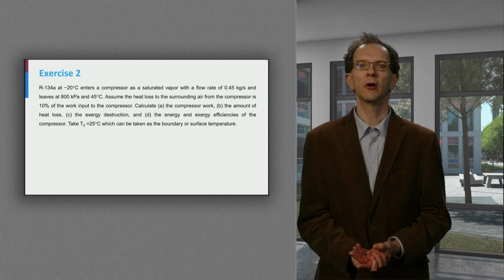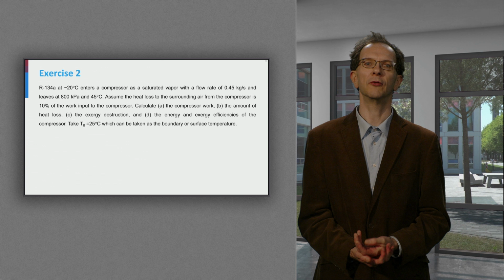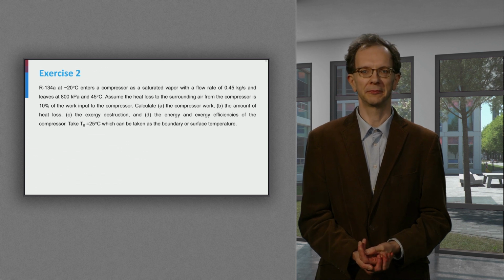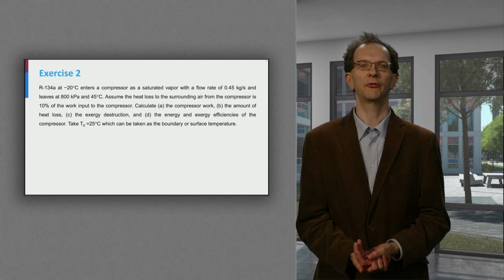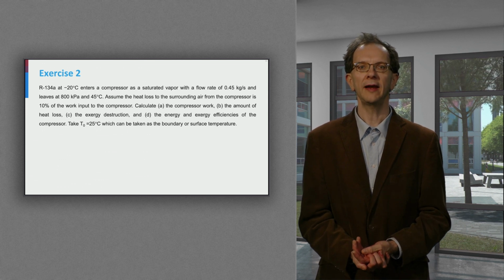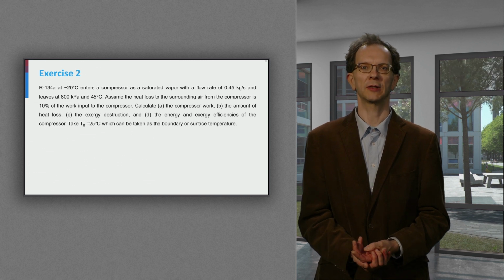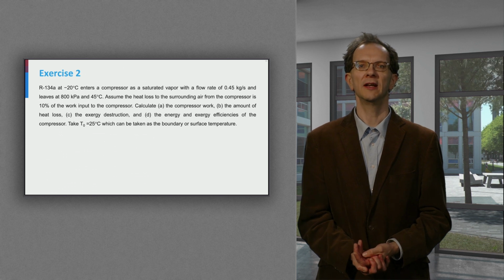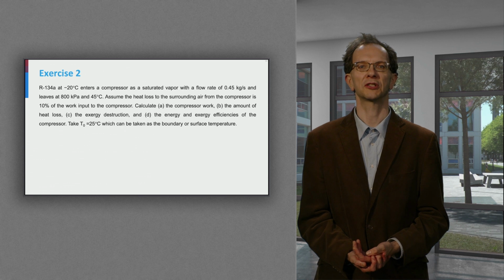As an example, we consider the calculation of the exergy destruction and the second law efficiency of a compressor. This exercise is as follows. Refrigerant R134a at minus 20 degrees Celsius enters a compressor as a saturated vapor with a flow rate of 0.45 kilogram per second and leaves at 800 kilopascal and 45 degrees Celsius.